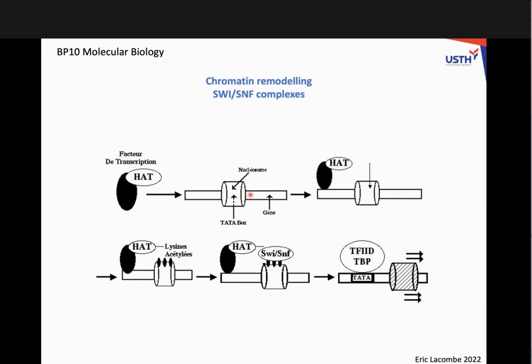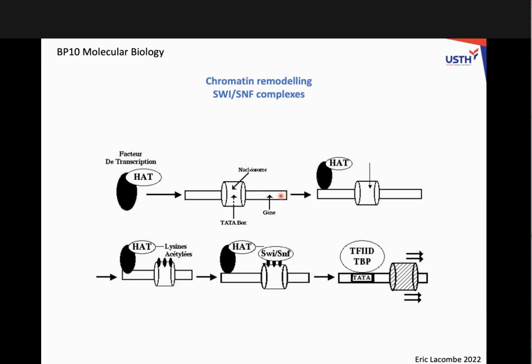This is the promoter and this is the coding region. The TATA box is the part of the promoter where the RNA polymerase II is going to bind and start transcription. So if the TATA box is completely protected by a nucleosome, the RNA polymerase II cannot bind to DNA, so it's impossible to have transcription.